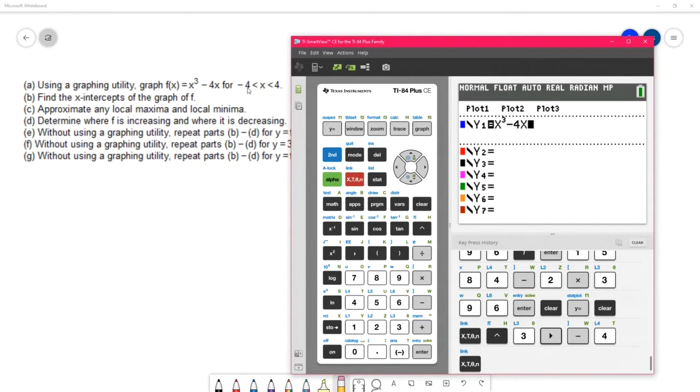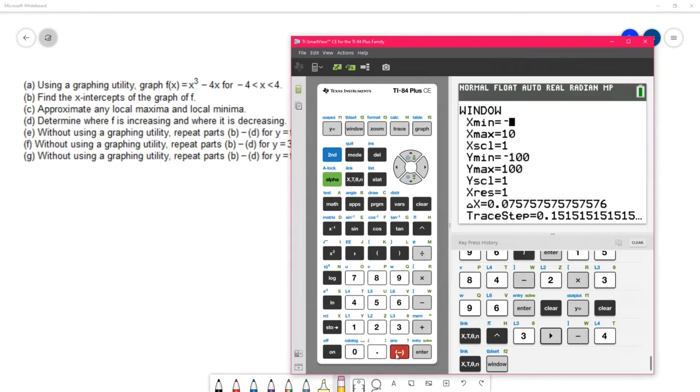And it says specifically that we want to look at it from negative 4 to 4. So I'm going to adjust the window here from negative 4 to 4. So that's giving me an x-min of negative 4 and x-max of 4. And I think these y values are wrong, but let's take a look first and then I can make a change.